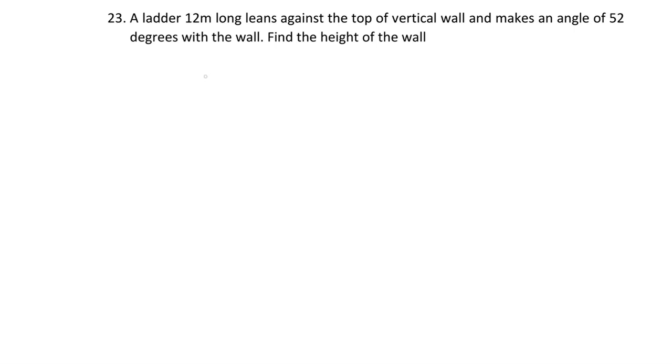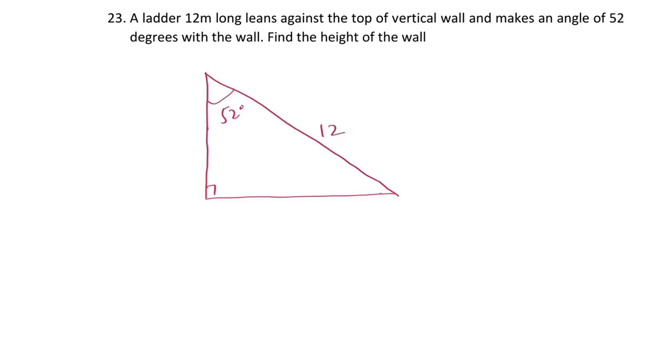So here we have the wall. This is the ground, and the line connecting the wall and the ground is a ladder. Here we've been told is 52 degrees, and here is 12 meters. And we are going to assume the height of the wall as y.